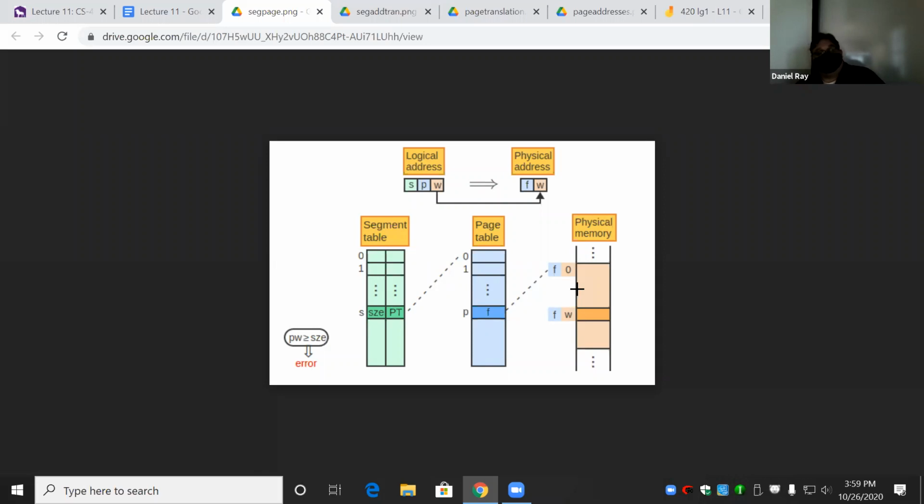That's going to cause a deficit. We're going to take a hit in performance. Okay? Because two of every three memory lookups is going to be given over to translating from the logical address to the physical address, and only the third of every three is going to be actually useful for our fetch, decode, execute cycle.